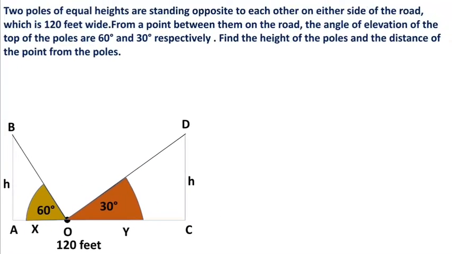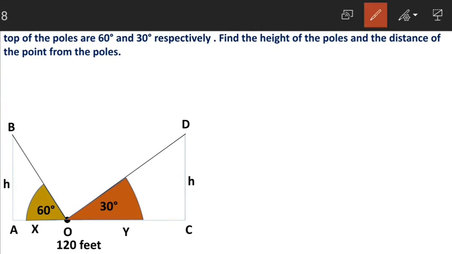Clearly we can write like this. By adding X and Y we get 120 feet. So X plus Y is equal to 120. Take it as equation 1: X plus Y is equal to 120.